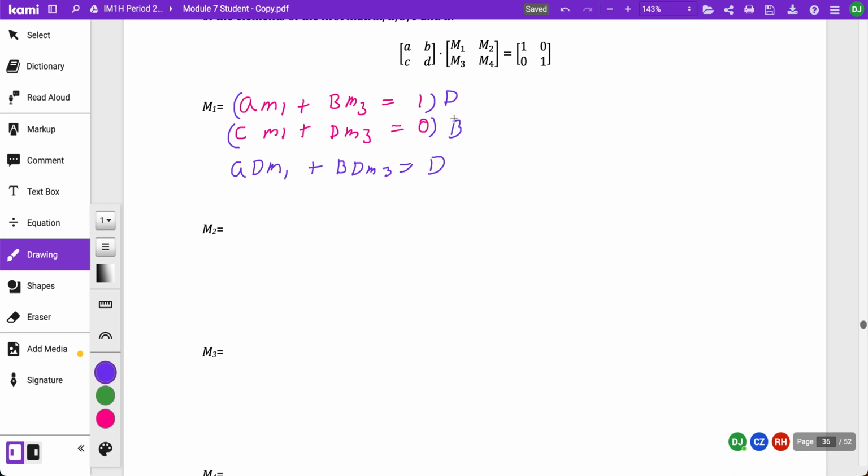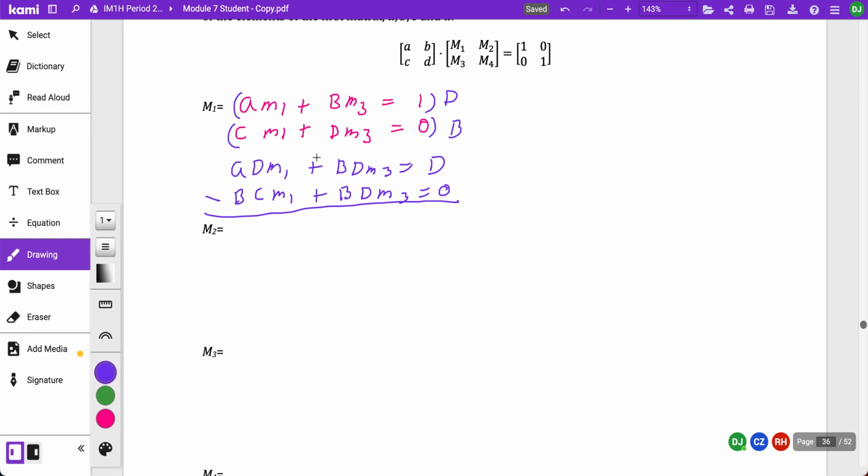I will now distribute the B to the CM1 to get BCM1 plus BDM3 is equal to B times 0 is just 0. Now this is great because I can subtract these two.